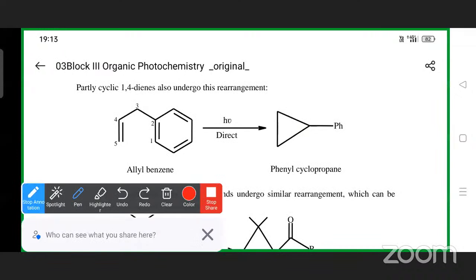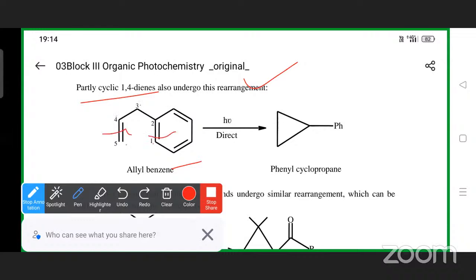Here is an allyl benzene, with the pi diene. The 1,4 diene may be cyclic or acyclic; here it is a partly cyclic 1,4 diene. It undergoes this rearrangement: this is 1, 2, 3, 4, 5.